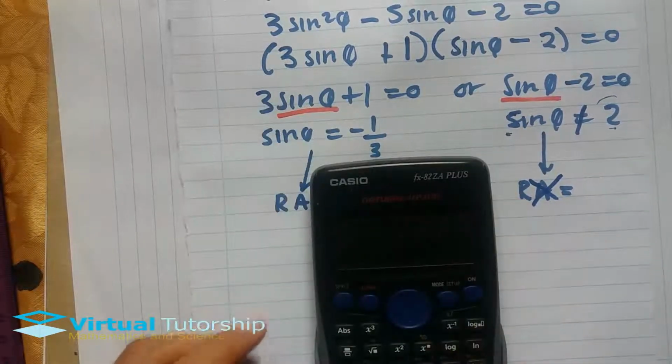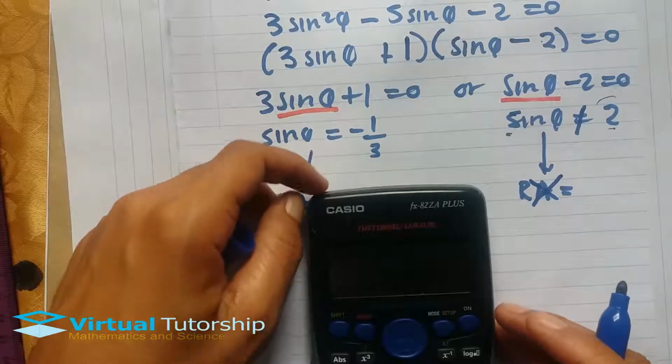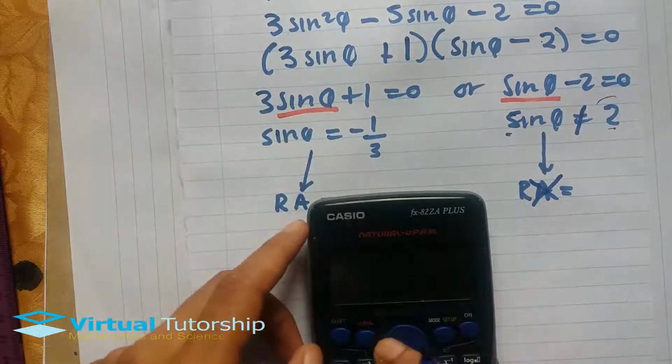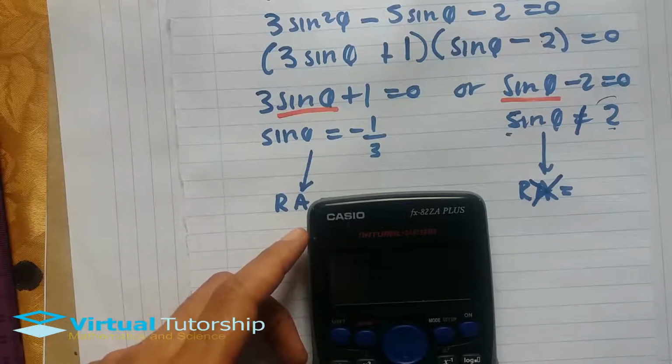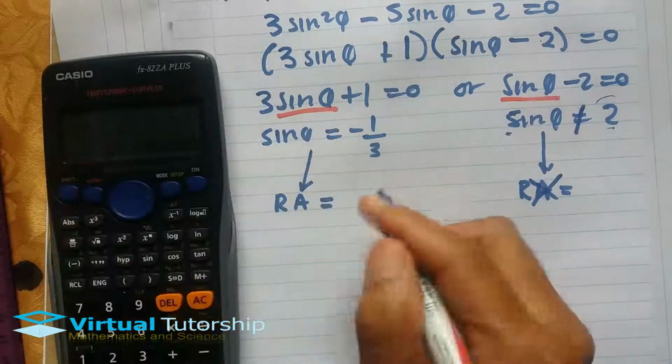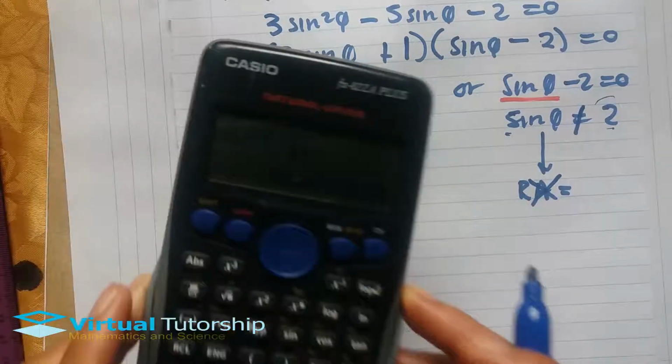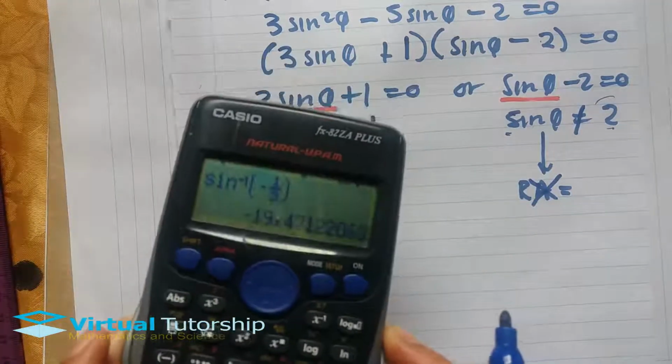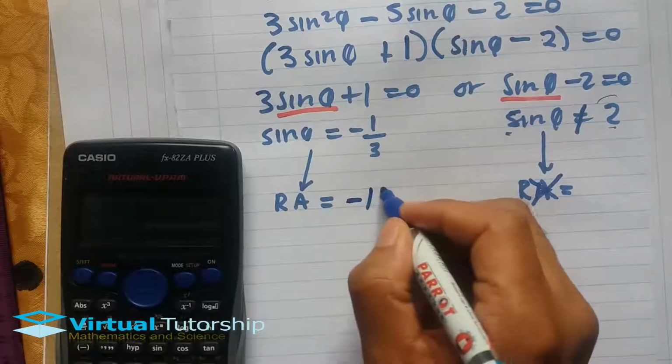So let's see whether this one is between -1 and 1. So this one has a solution. Let's calculate its solution, it's -1 over 3 equal to, you see our answer came out as a negative number, as a negative angle.